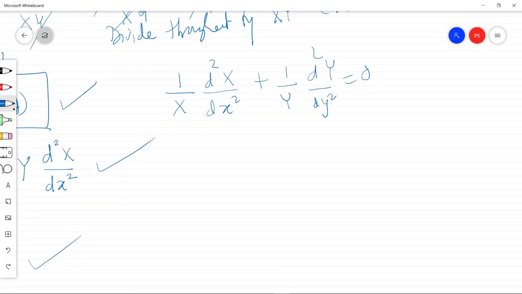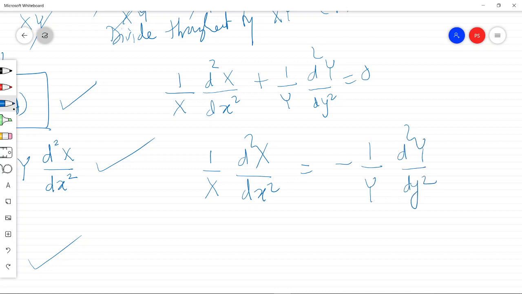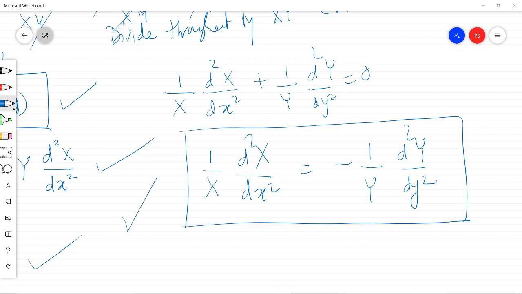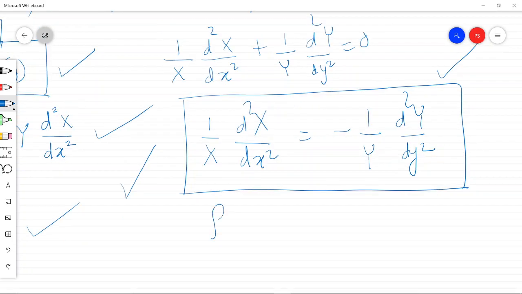If we rearrange these two terms, we can write it as 1 upon X d2X by dx squared is equal to minus 1 upon Y d2Y by dy squared. Now we see that we have achieved the separation of variables. On the left hand side, we have purely a function of x.